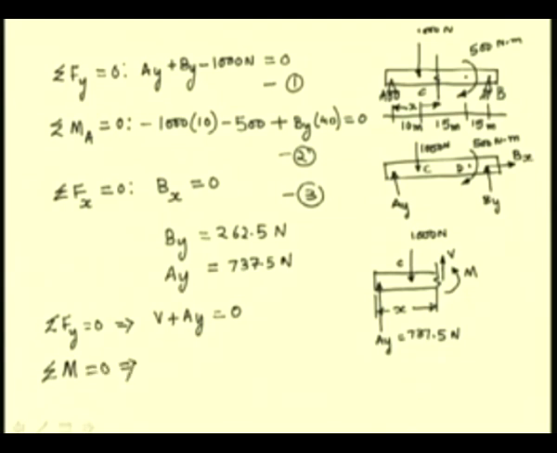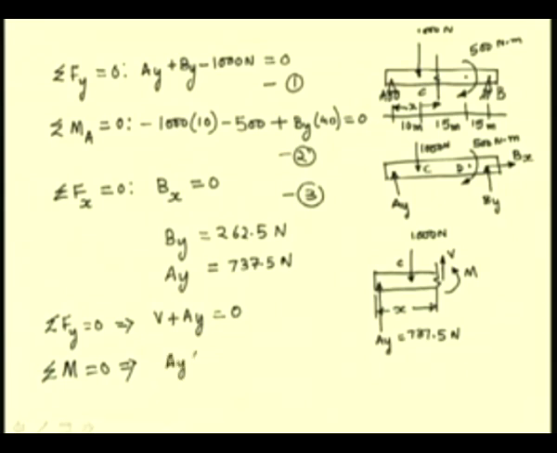So, that states we have this force Ay which causes a clockwise moment at this section. The moment arm is x meters.